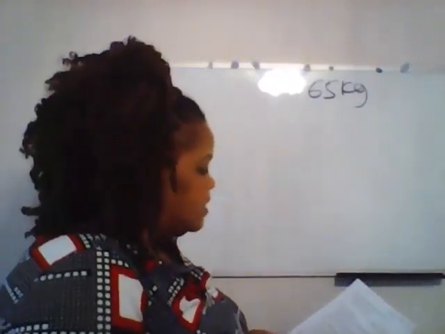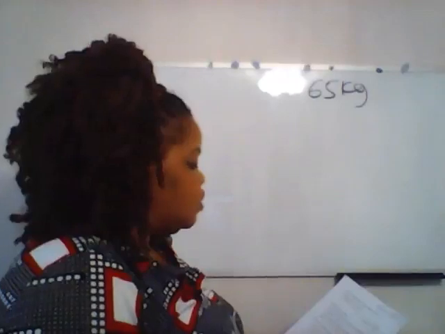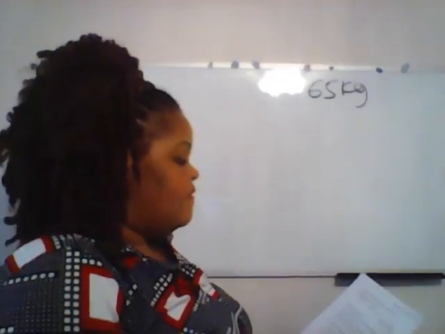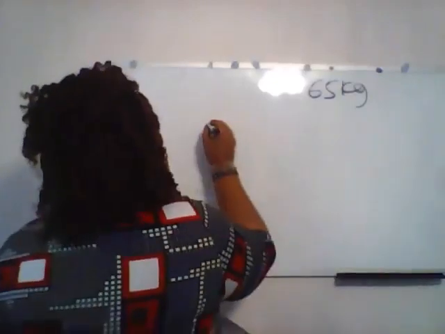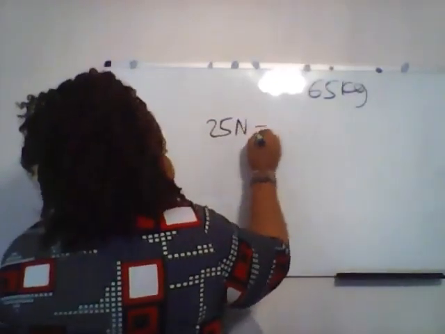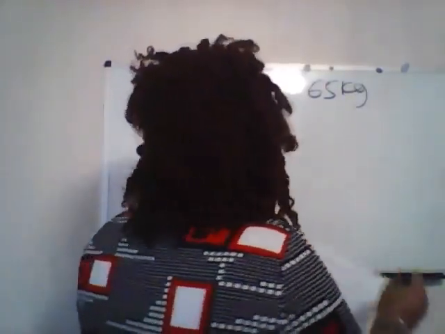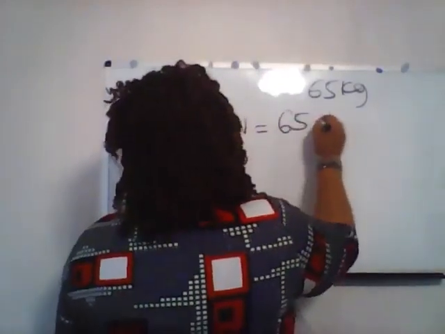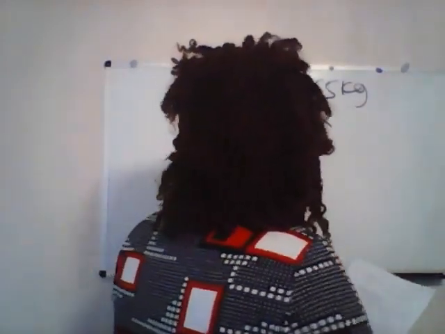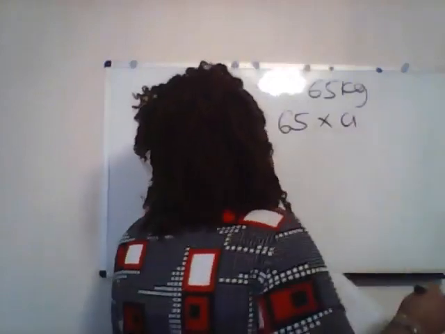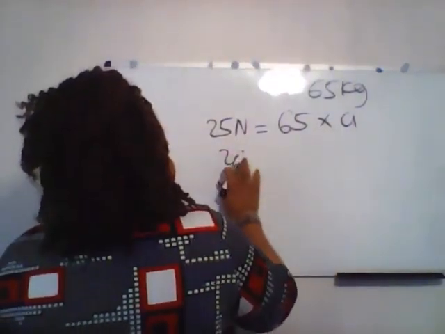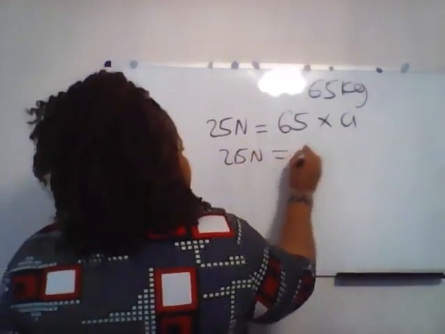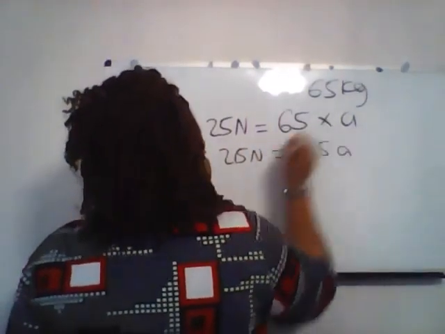All right, and it says the actor is attached to the wire and the motor pulls her vertically upwards. The resultant force is 25 newtons. So now we have the resultant force, so it's going to be equal to the mass times acceleration. Calculate the acceleration a. Because we have 25 newtons equal to 65a, that's what it means.